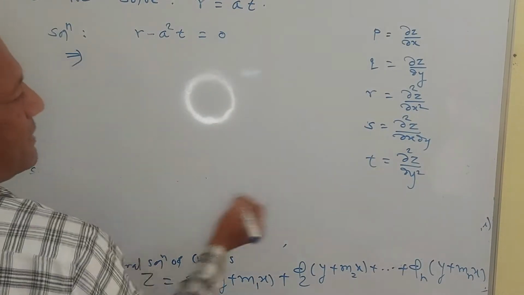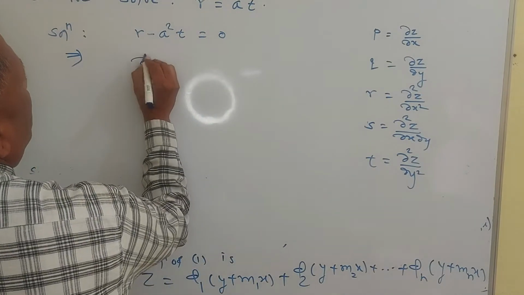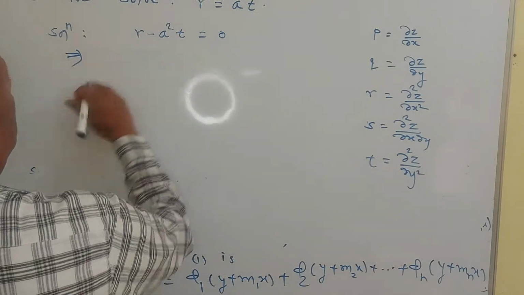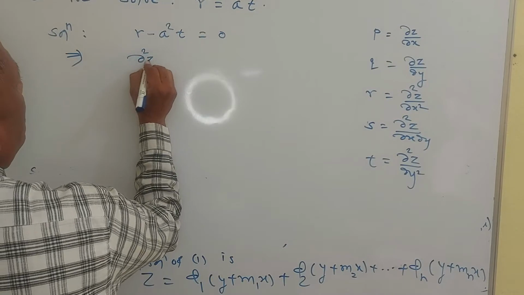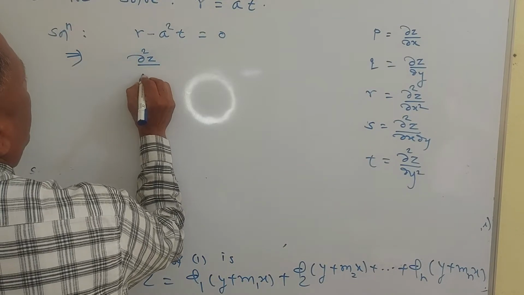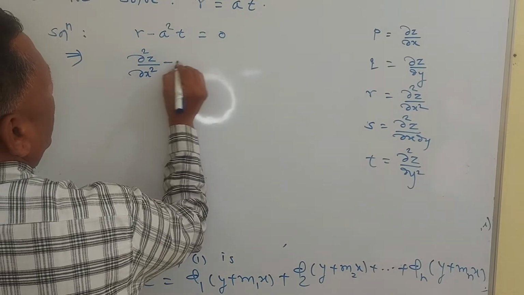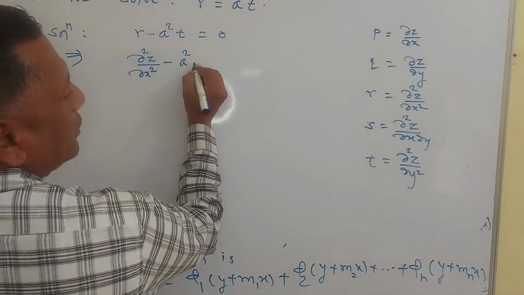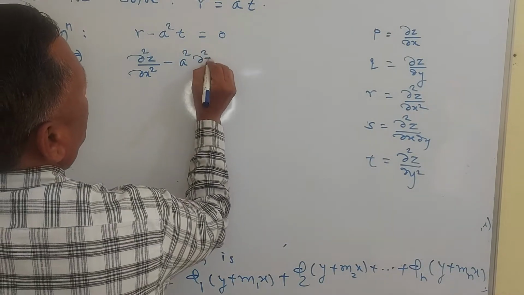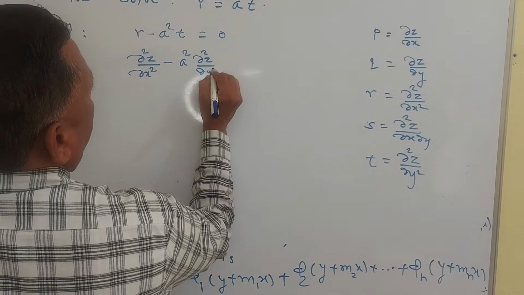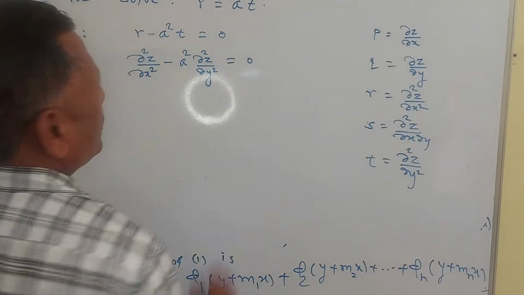Therefore, r means dou 2z by dou x square minus a square into t means dou 2z by dou y square is equal to 0.